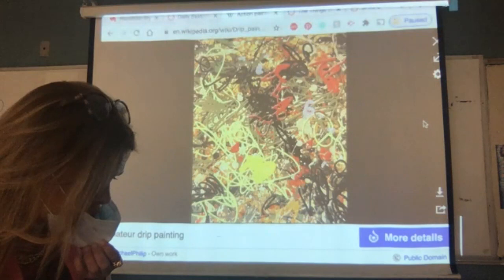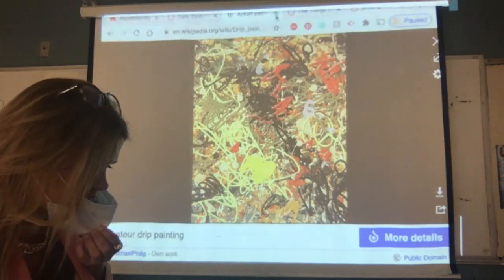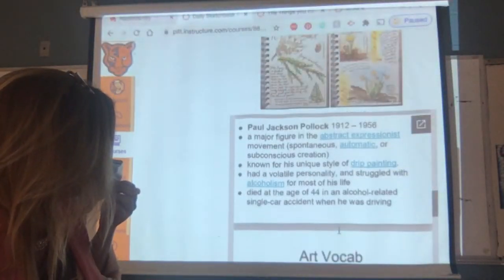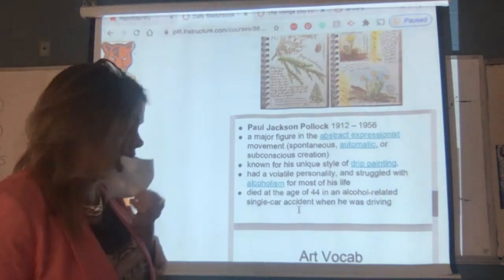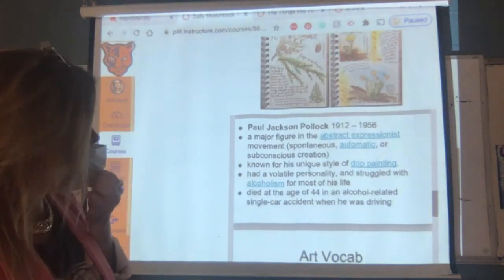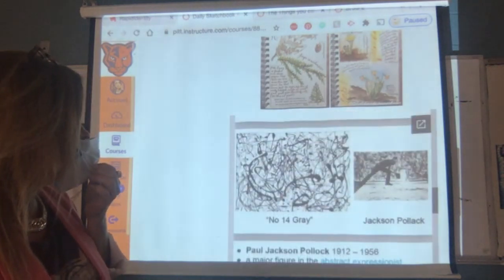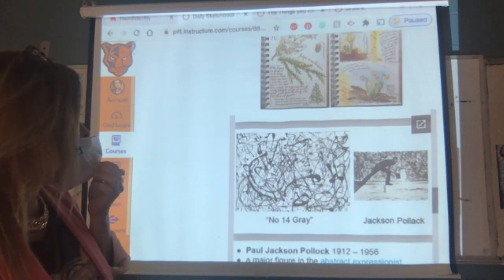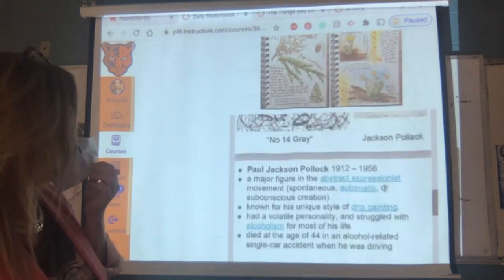He does a drip painting, and they come in all kinds of different sizes. Interesting thing about him is he died very young, at the age of 44, in an alcohol-related single-car accident. He struggled with alcoholism and left life way too soon. But as you can tell in this picture of him working on his paintings, they're gigantic. These are things I wish you could see in person.